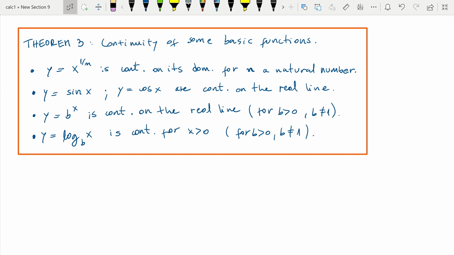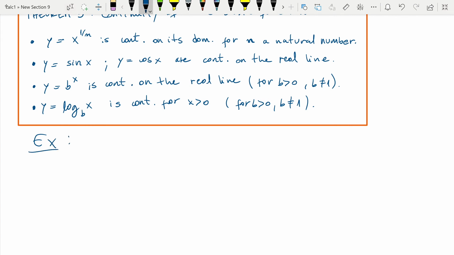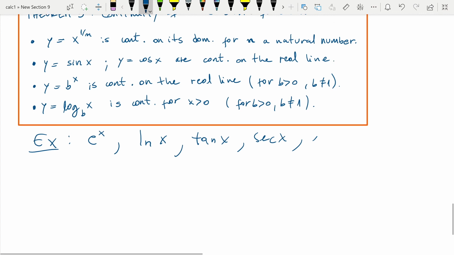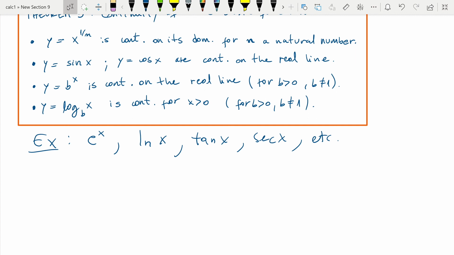So in particular, for example, e to the x, natural log of x, and using the quotient law we can get tangent of x and all other trigonometric functions like secant, which are continuous in their respective domain.